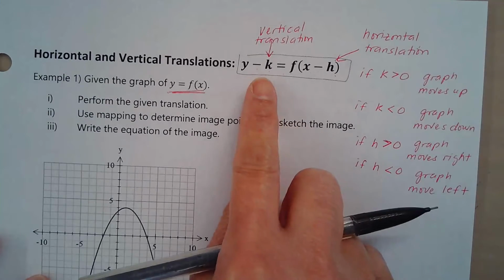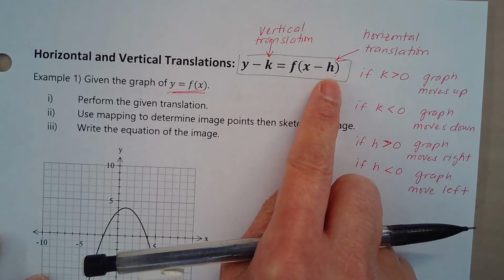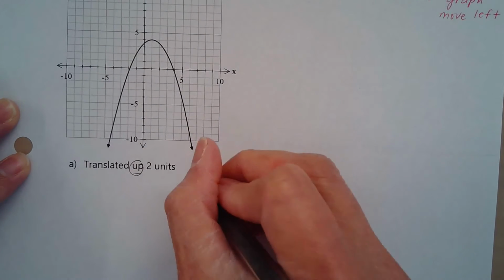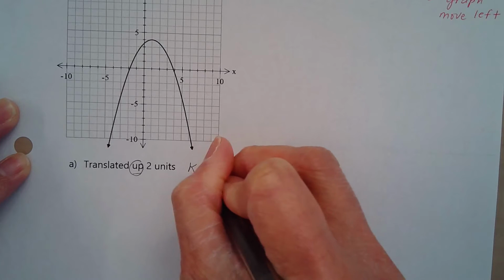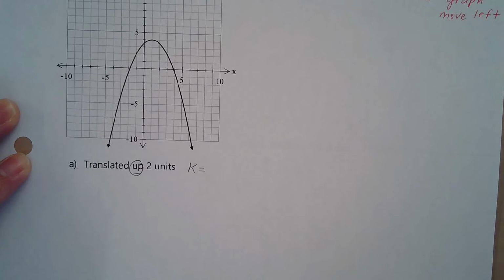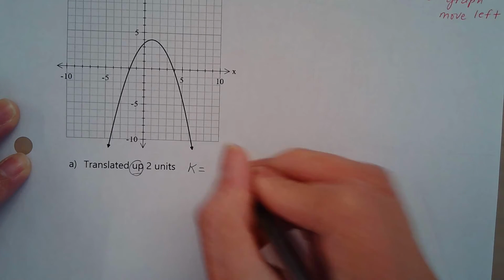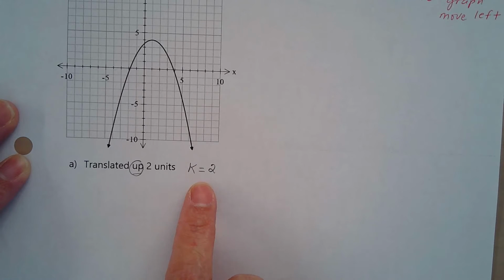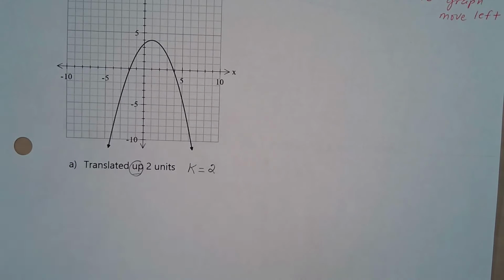Is that a k or is it h? It's the k. So what's k equal to? k is equal to 2. Okay, that's important. Let's write that down. k equals 2.